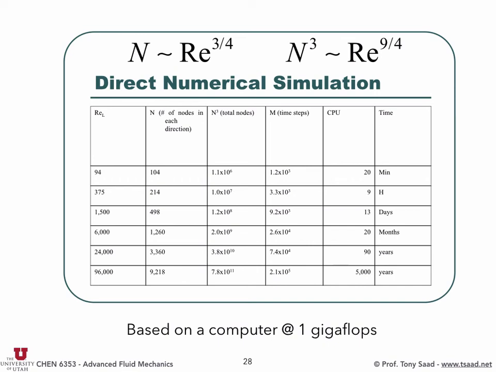Even if you have hundreds of thousands of CPUs, you're not able to push that much higher. Yeah, that's a good point. But that's 1 gigaflops. The way you can do this calculation is to not worry about the number of CPUs. Take the total speed of a supercomputer, like 1 teraflop, for example. You'll only move the Reynolds number maybe 1 order of magnitude, 960,000, and then what?